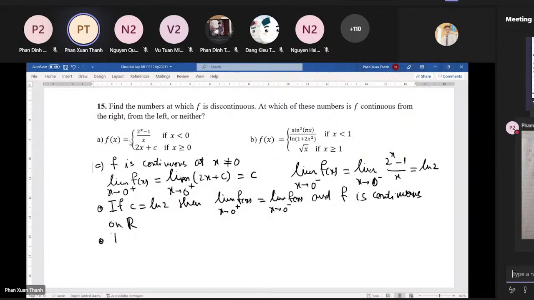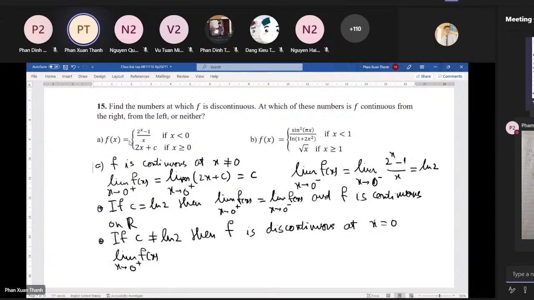What about the second case? If c is different from the logarithm of 2, then what can you say about the function f? f is discontinuous at x equals 0. But we see that the limit of f(x) as x approaches 0 from the right equals c, and equals f at 0.